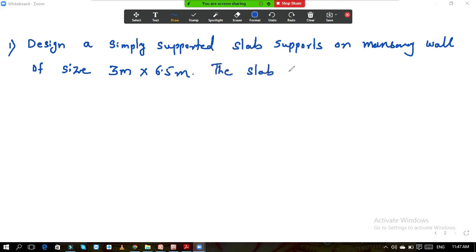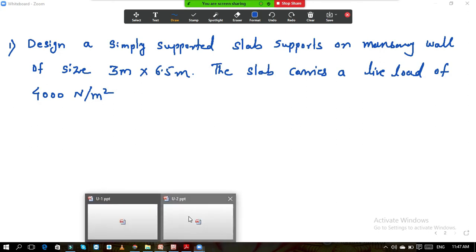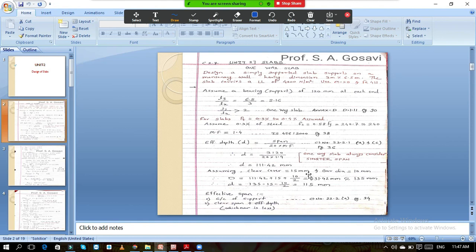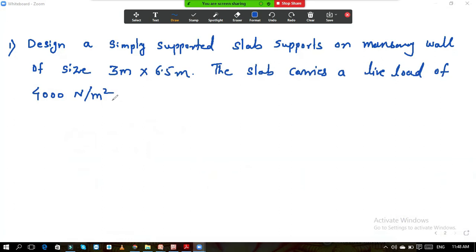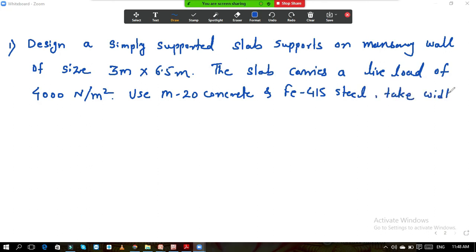4,000 Newton per meter square. Use M20 concrete and Fe415 steel.